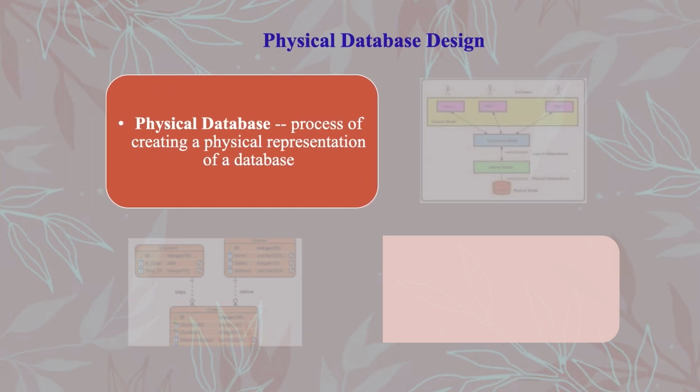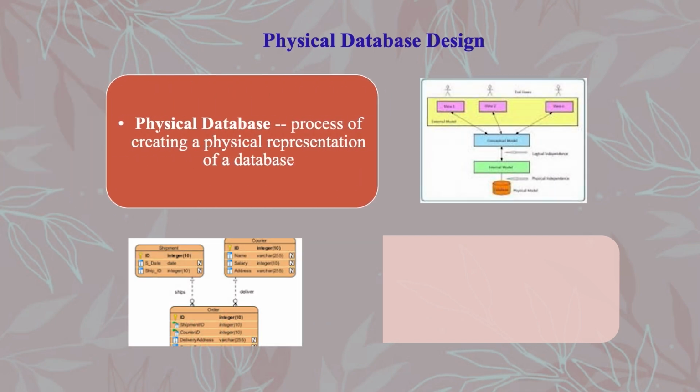So now we know the data structures, then how are these databases physically designed? That we will be discussing in this session. Physical database design is the process of creating a physical representation of a database, including the storage devices, files, organization and access methods.